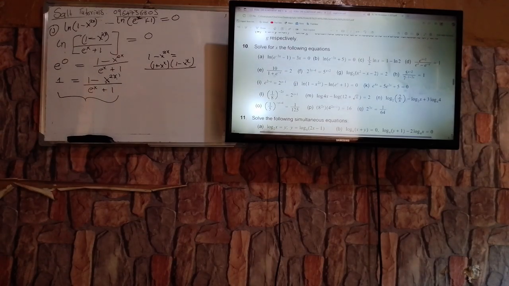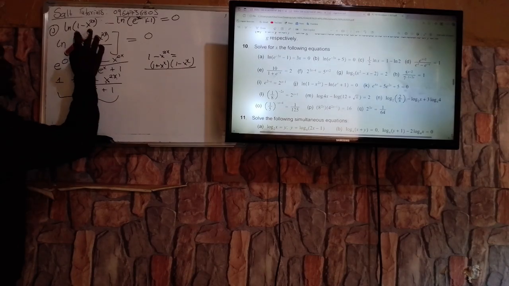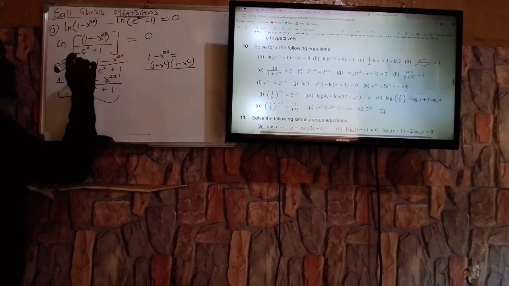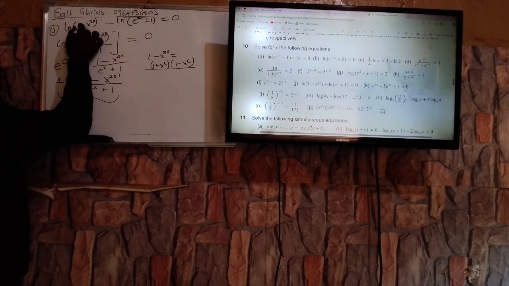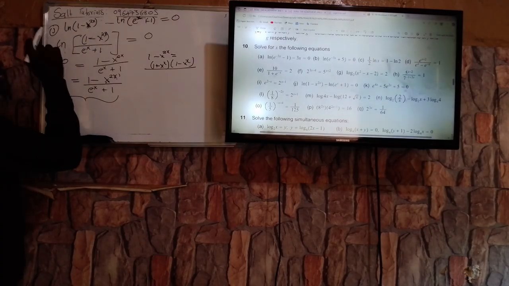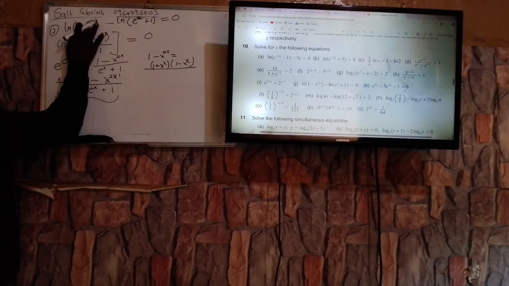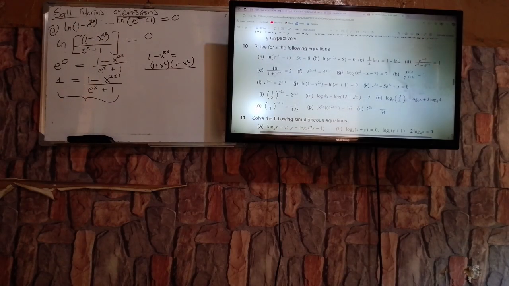So somehow I'm trying to analyze this, and if you look at this question very well at your level, I'm trying to understand it like this somehow was a typo error in your worksheet. This was not supposed to be x, but instead it was supposed to be e power 2x. So for now, I want us to change the question.